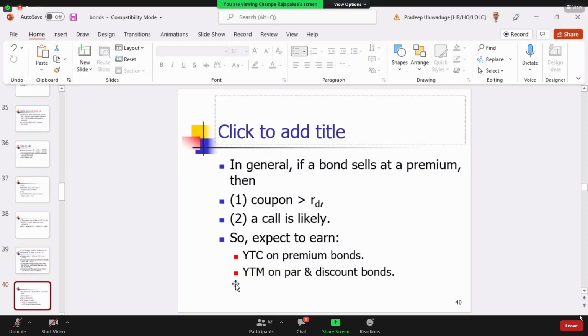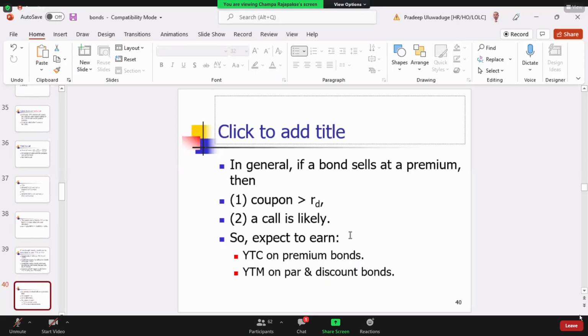Okay. In general, if a bond sells at a premium, then the coupon rate is greater than the market rate. So a call is likely. If there is a call provision, call is likely, right?